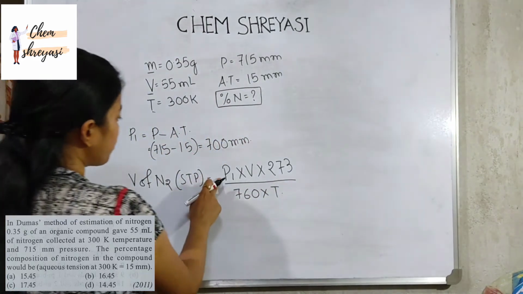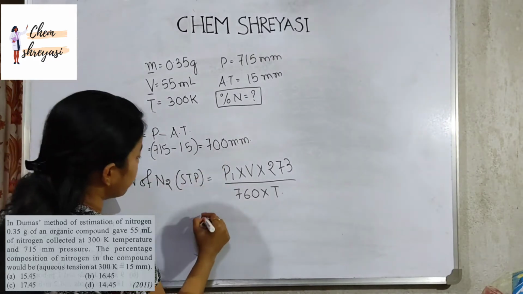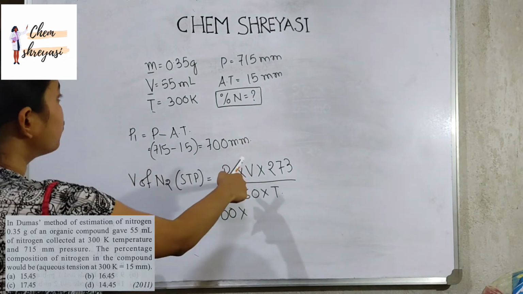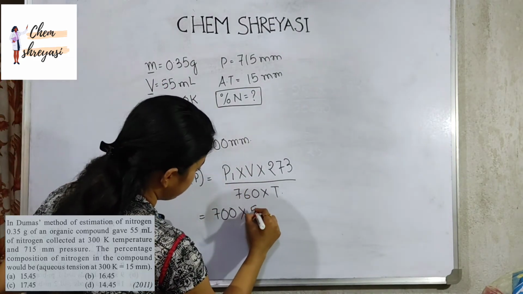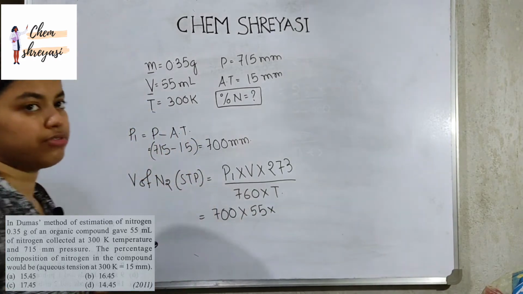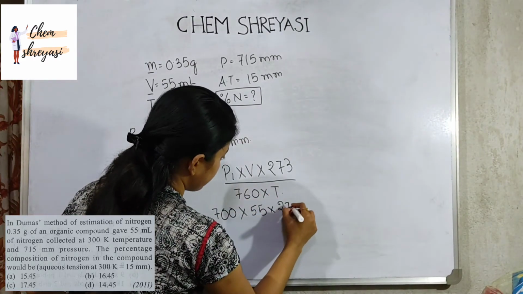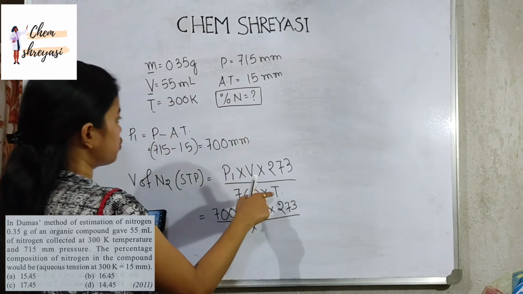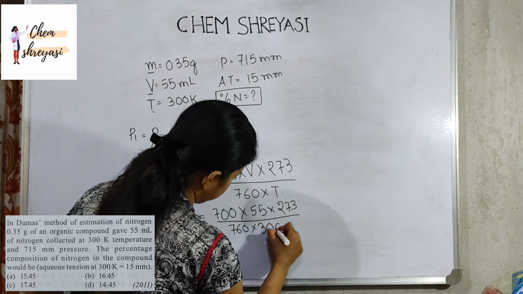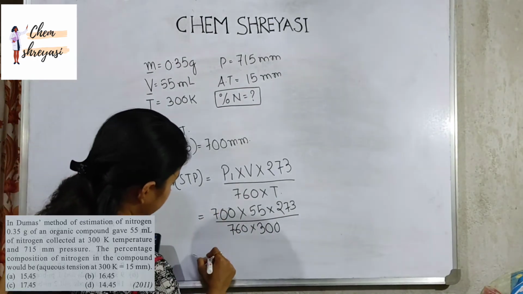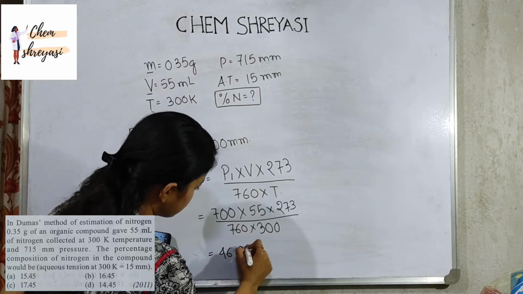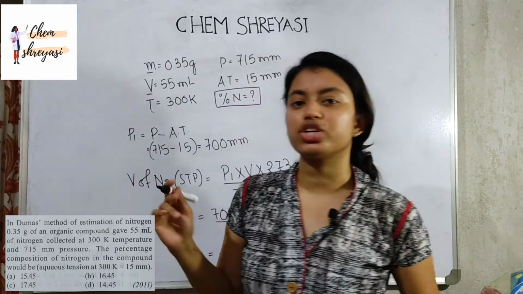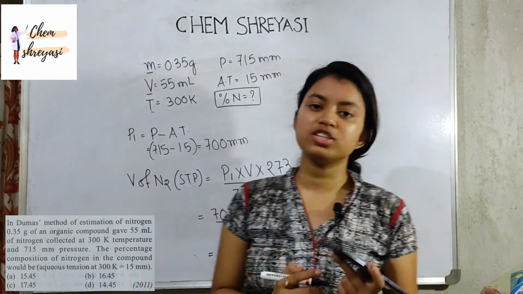Now in this case, P1 is the actual pressure of the nitrogen, so we can put P1 equals 700 mm. After that, V, the volume in this case, is 55 ml. So I have put 55. After that, 273, and below there is 760 into temperature, given as 300 Kelvin. From this calculation we get the value 46.099 ml. So we got the volume of nitrogen gas at STP as 46.099.